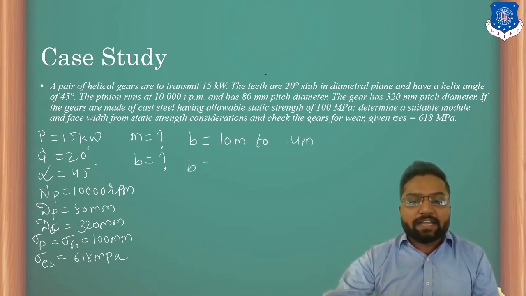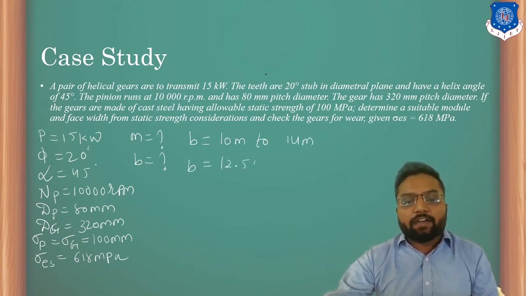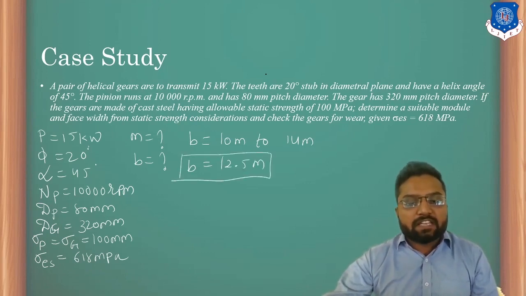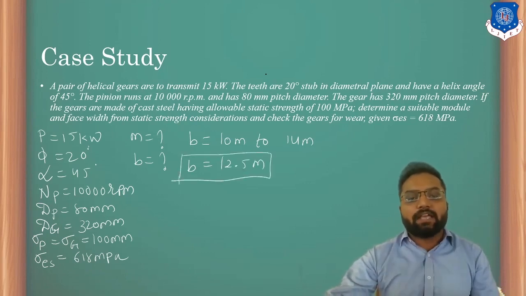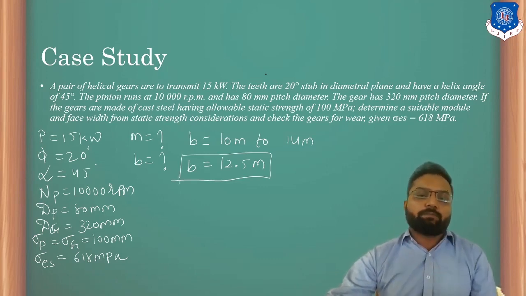So here we will take it as 12.5 of the module. So the relationship between module and face width for this particular example is 12.5 of the module.